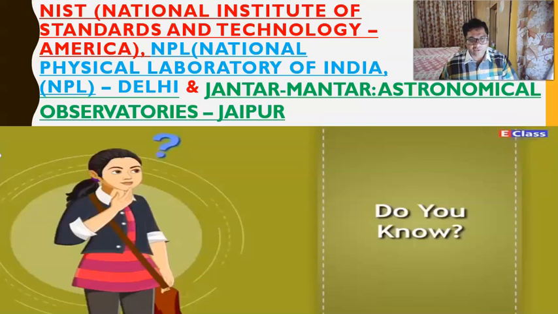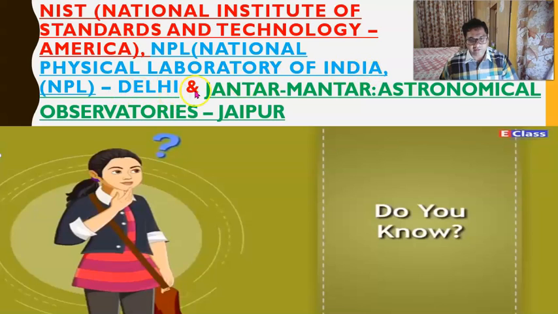Students, you will now see the NIST, which is the National Institute of Standards and Technology in America. Secondly, you will see the NPL, which is the National Physical Laboratory of India, that is in Delhi.